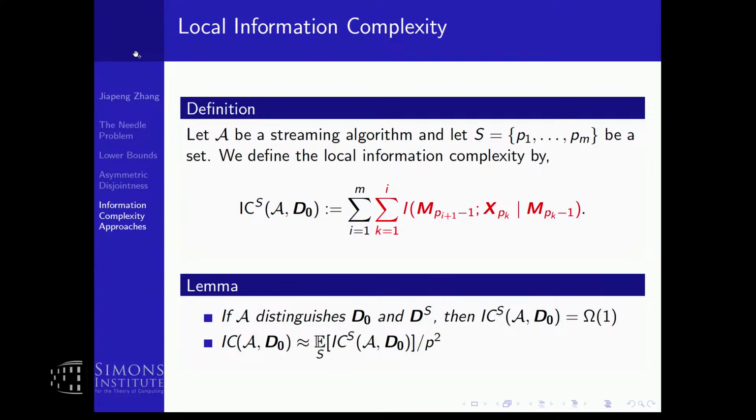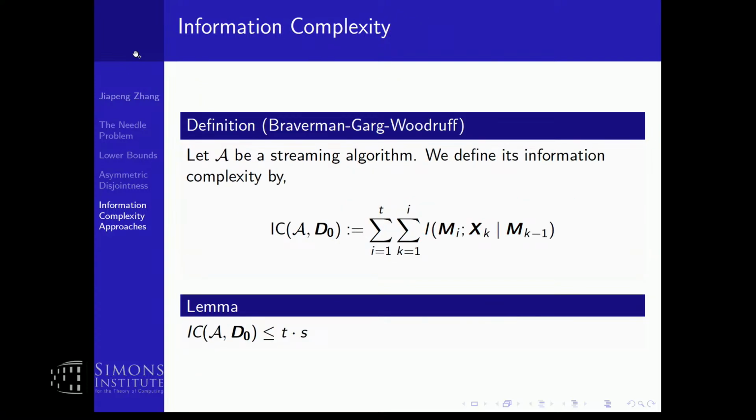It's because for each term right here, fix I and k. What is the probability, over random S, that this term will be chosen into the local information cost? It is 1 divided by p squared.